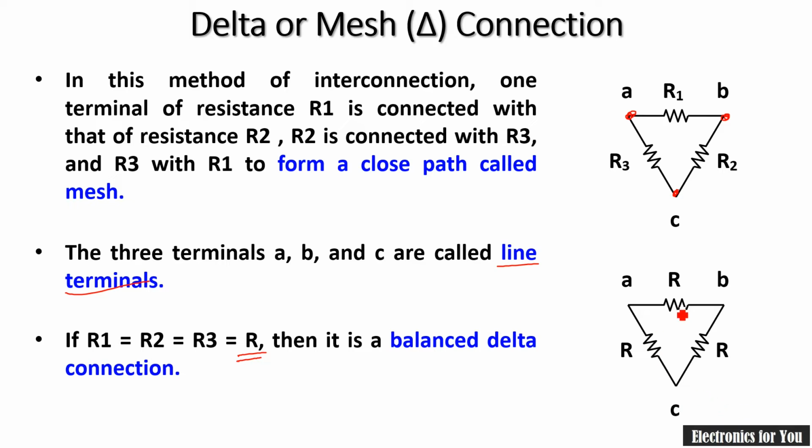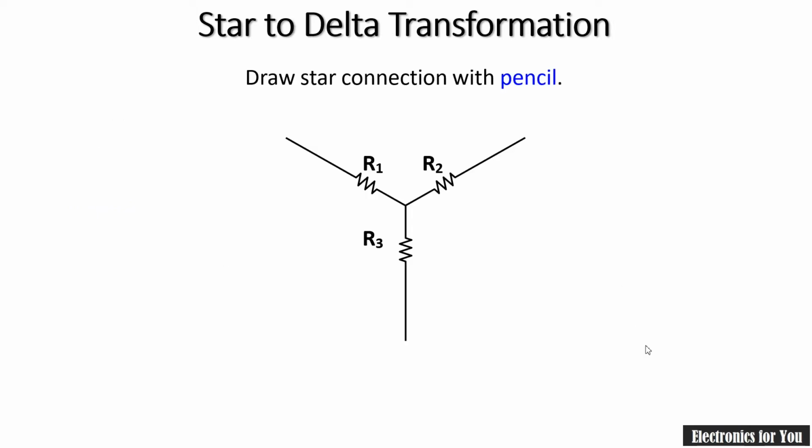So you can see here that all the resistances are having same value here. So this is our delta connection. Now the thing is that we can convert a star network into a delta network and vice versa. So let us see a star to delta transformation first.